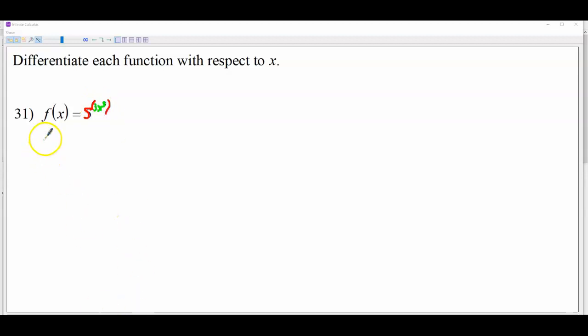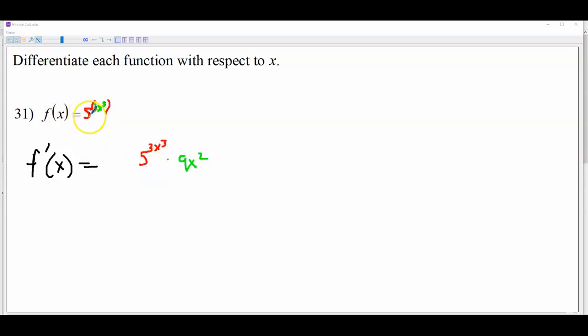And so when we take the derivative of this, we do the derivative of the outside, and the derivative of the exponential is it stays exactly the same, right? Then we multiply that by the derivative of the inside, which is the derivative of 3x cubed, going to be 9x squared. But this is where it gets different than an e.